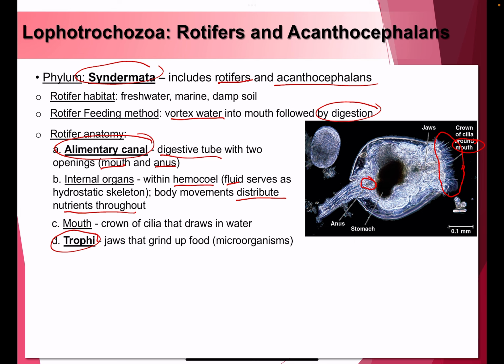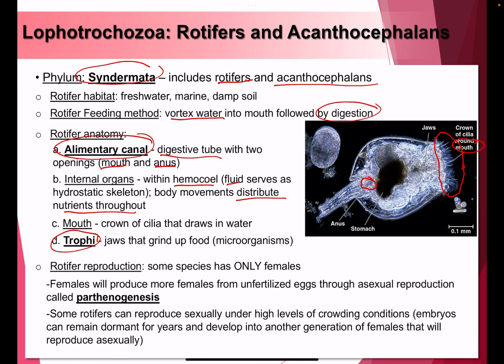In this case, any microorganism that happens to be vortexed into the mouth of the rotifers will be smushed and crushed by the jaws before moving on to the rest of the alimentary canal, including the stomach.